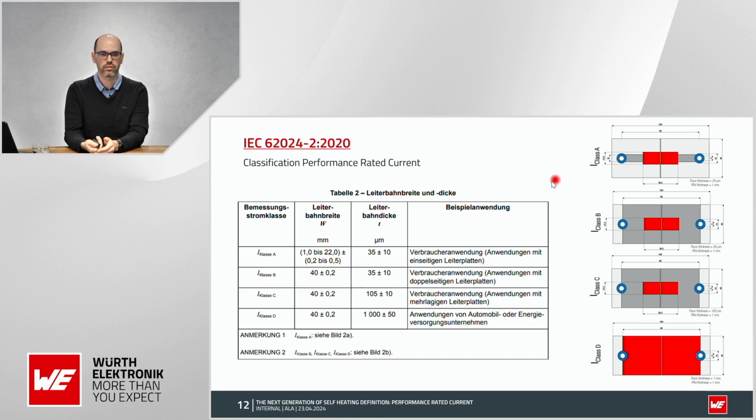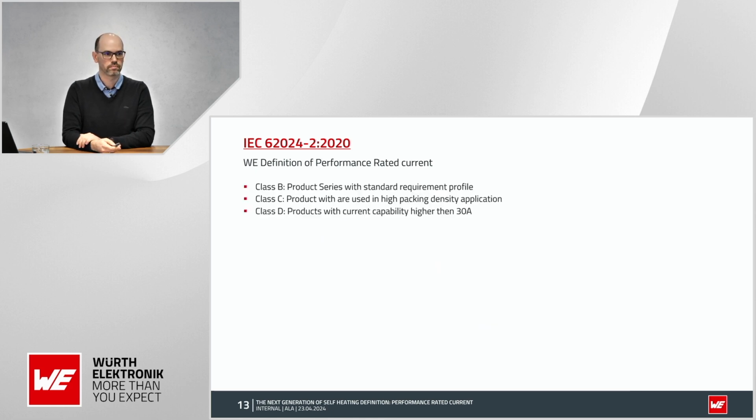And everything is well defined here. So this means lengths, widths, heights, how to connect, and also the trace thickness. Whatever you need, you can find in this standard described quite well.